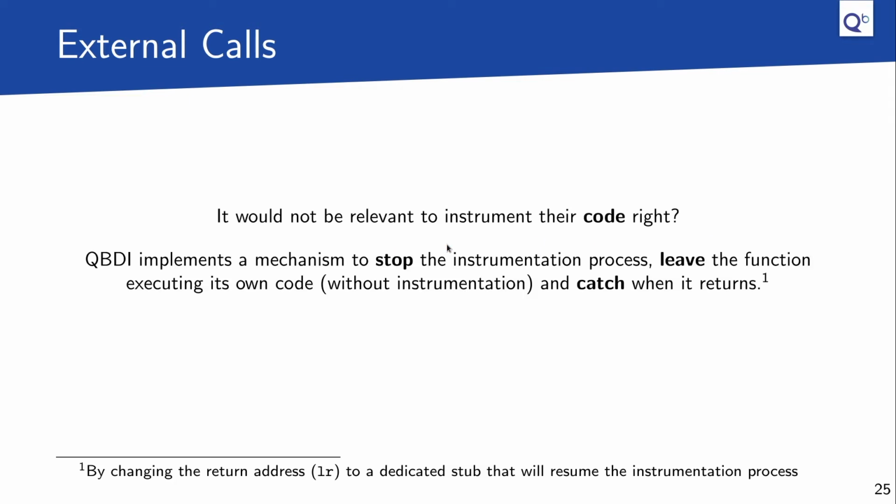So there is a way in QBDI to process this by stopping the instrumentation process when there is an external call. Then we leave the function to execute its own code without instrumentation. So we are quite blunt about what code is executed, but as we know that it is malloc, we know the behavior of malloc. And QBDI also changes the return address of the function so that we can catch when the function returns.